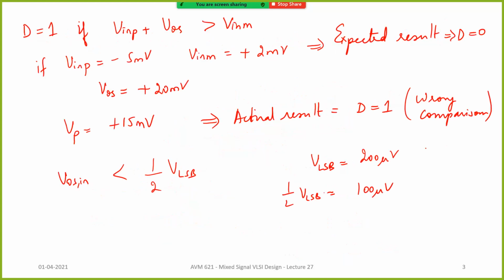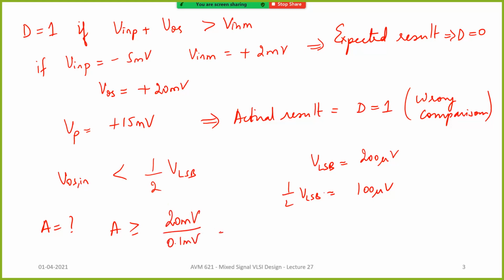So if this is the case, what should be the gain that is required? Can you tell me? VOS is, let's say, 20 millivolt, but you want it to be less than 100 microvolt, right? So minimum A should be greater than or equal to what? 20 millivolt divided by 0.1 millivolt.